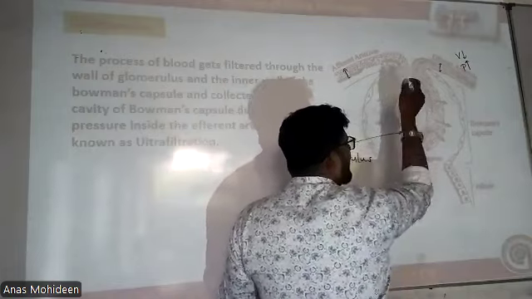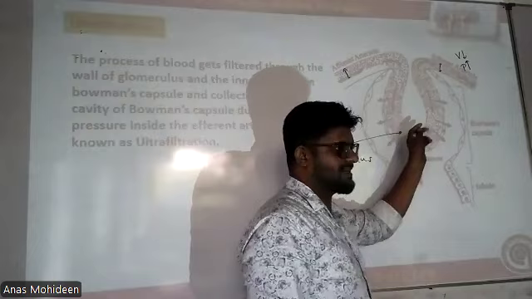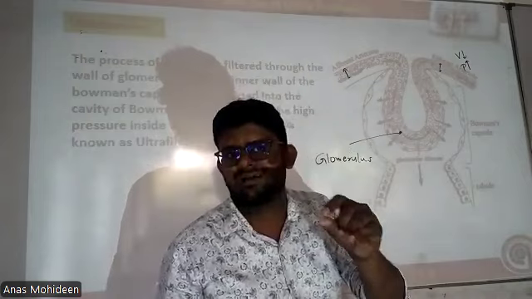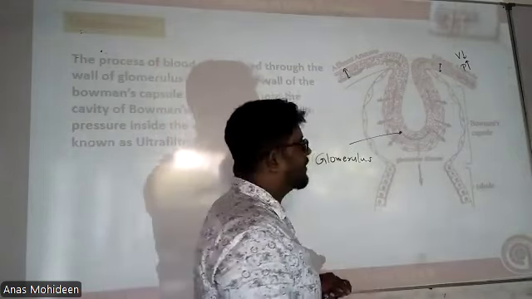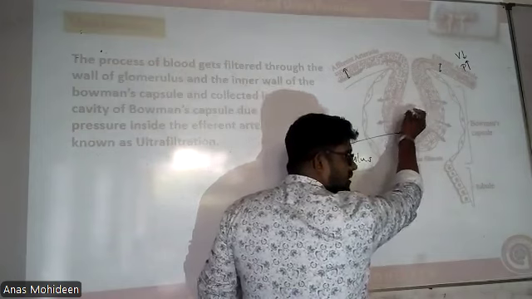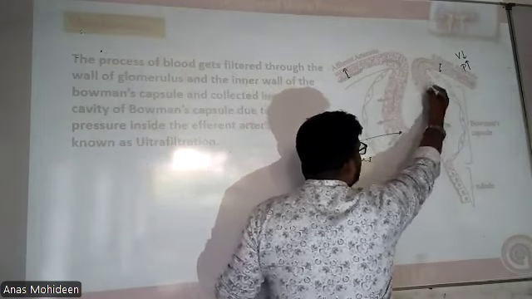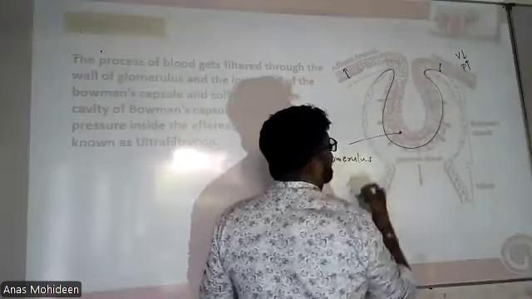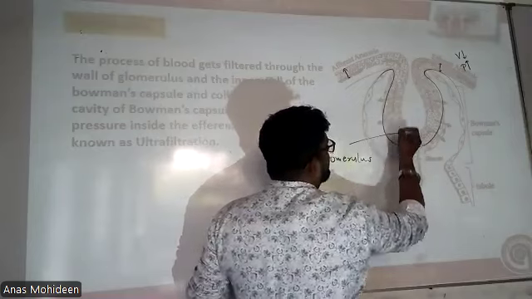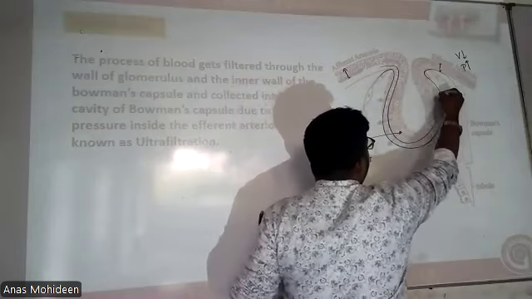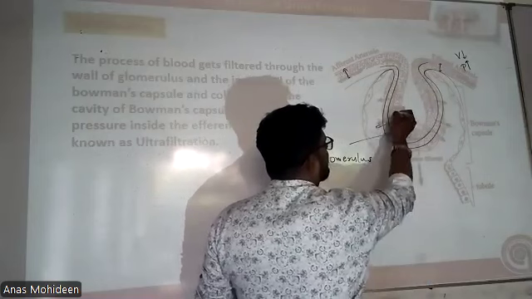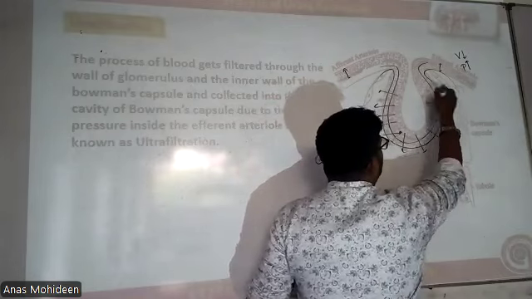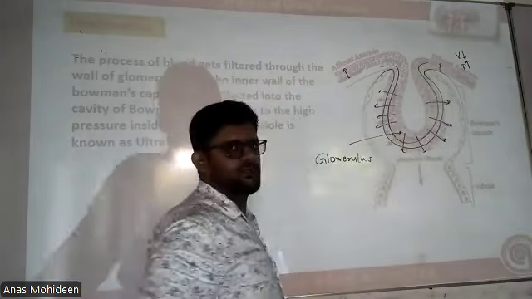So the blood tries to go here and there, and the only way out is within this network, where the capillaries are even smaller in thickness. Crossing the wall of the blood capillary and the inner wall of the Bowman's capsule, blood gets filtered from the blood into the Bowman's capsule cavity.